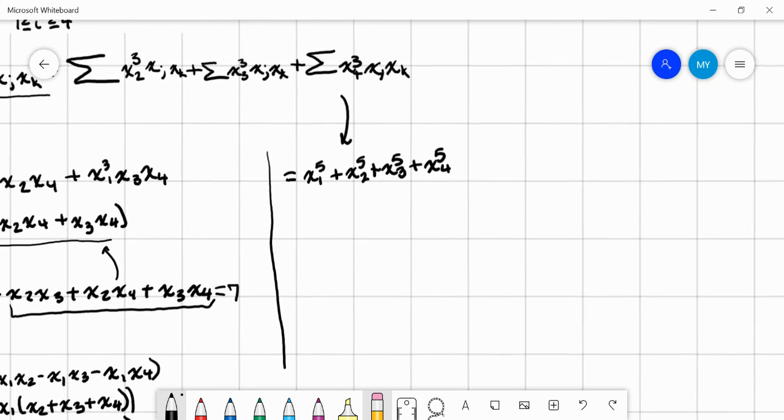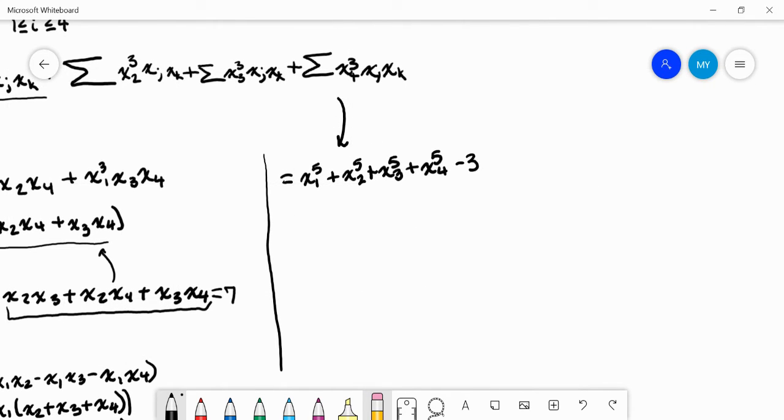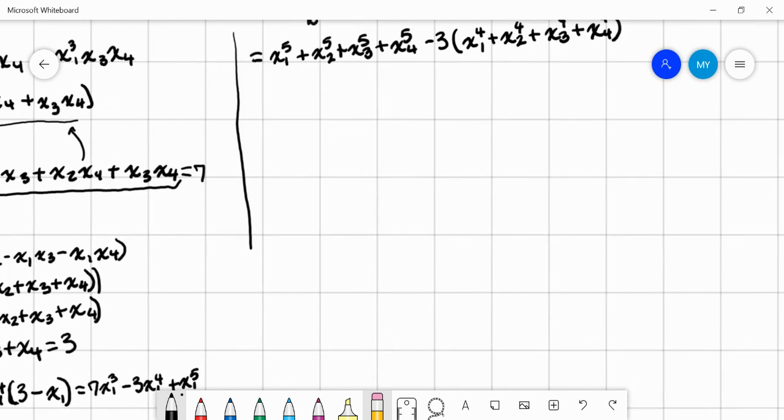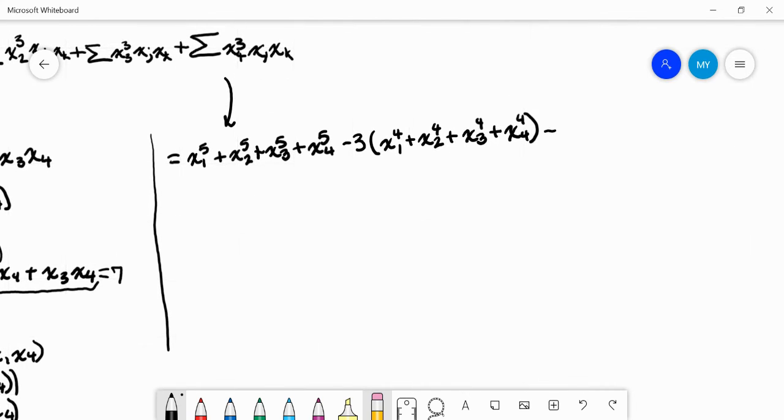Minus 3 times the sum of the xi to the 4 plus 7 times the sum of xi cubed.